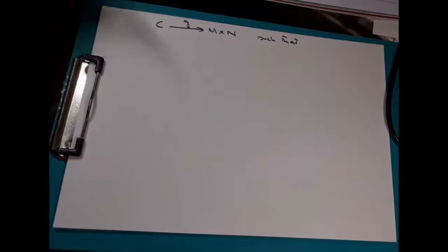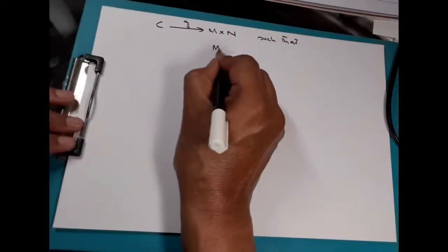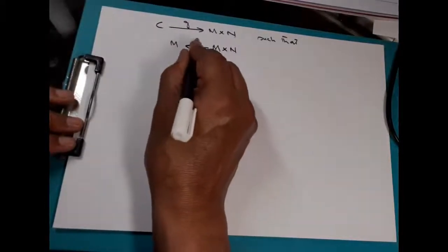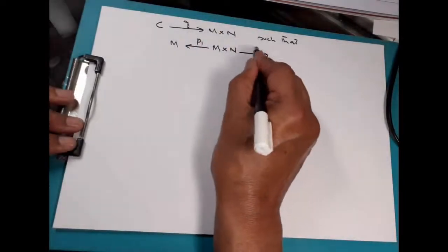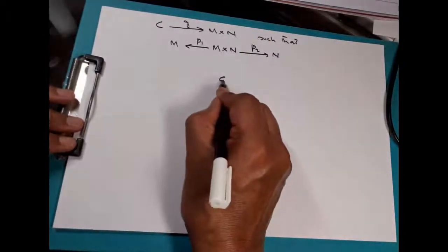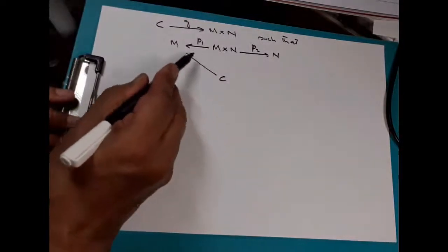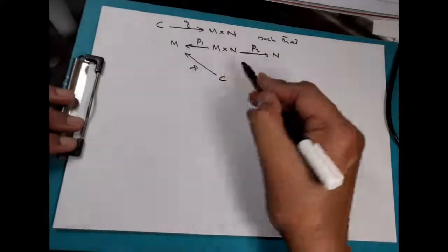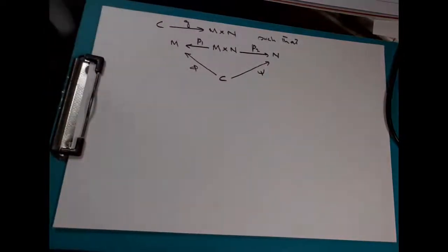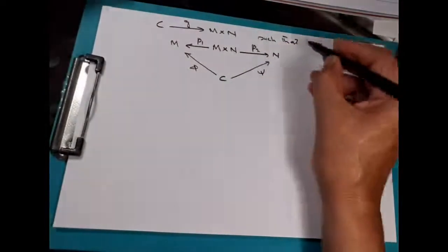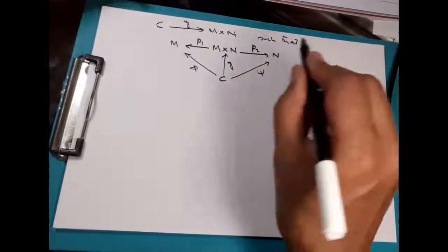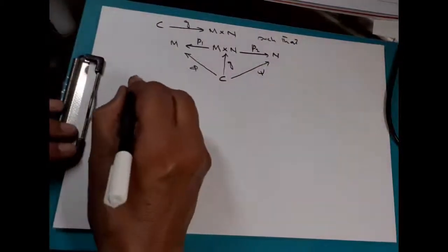this particular diagram which I'm going to draw, this is M cross N, we have projections P1 and P2, and we have maps from C to M, which is phi, and C to N, which is psi, and we have supposed that there is a module homomorphism from C to M cross N such that this diagram commutes.